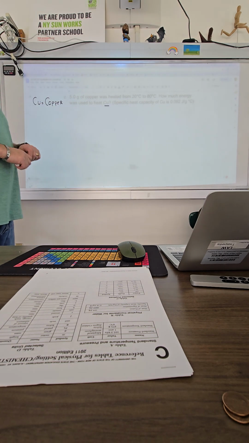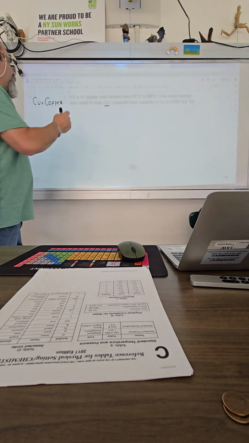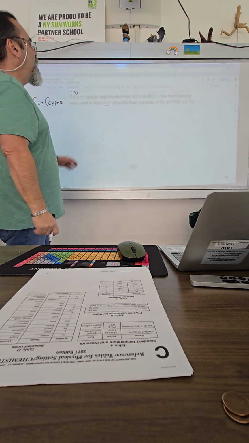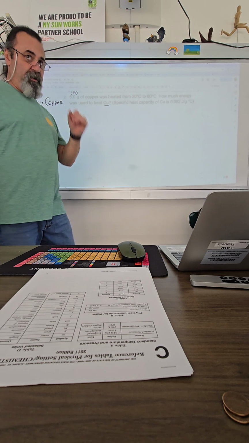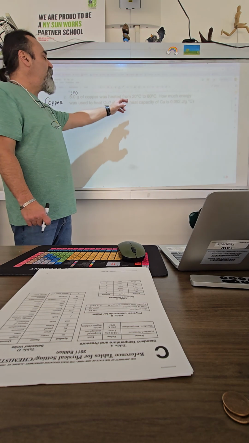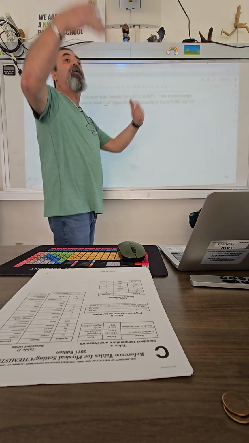So 5 grams, what variable should I designate that? Very good, I'm going to put a little m on top of the 5 grams. It was heated from 20 degrees Celsius to 80 degrees Celsius. What's the T initial, the 20 or the 80? 20, very good, because we're starting at 20 and going to 80.